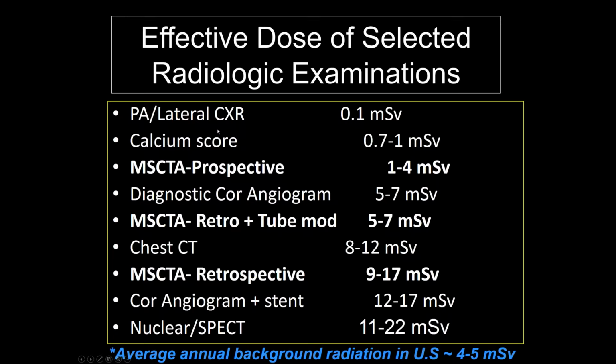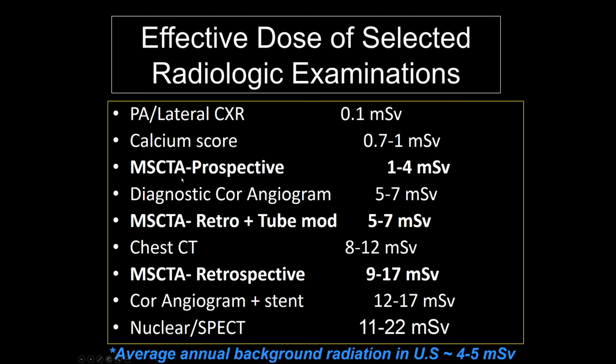And just to give you some background information on how much radiation goes into what kind of study. Here's a typical PA and lateral chest x-ray giving you about 0.1 millisieverts. A calcium score gives you about 1 millisievert. Annual background radiation, just being on Earth, gives you about 4.5 millisieverts. If you live in Colorado, that goes up to about 8 millisieverts in a year.